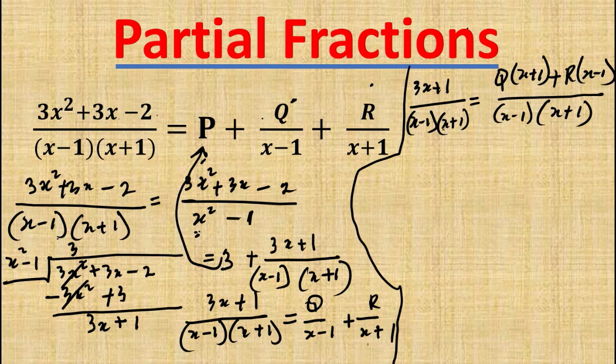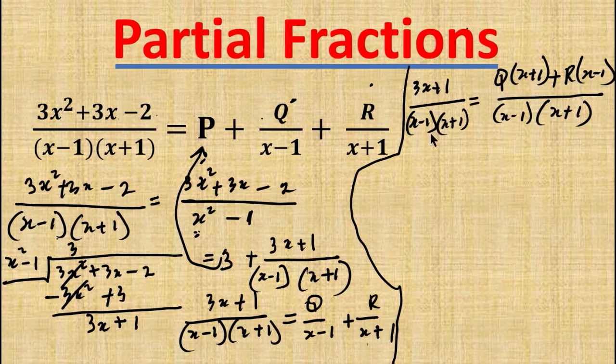So that if you look closely, you see that our denominators are all equal. Here is x minus 1, x plus 1. Here also is x minus 1, x plus 1. Obviously, you can either cross multiply, or I can even take it direct. So that my 3x plus 1 will be the same thing as, let's expand this.